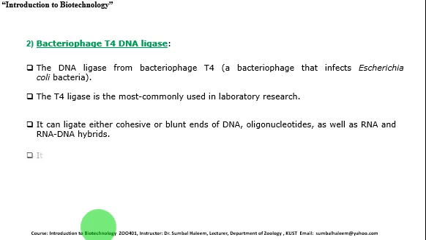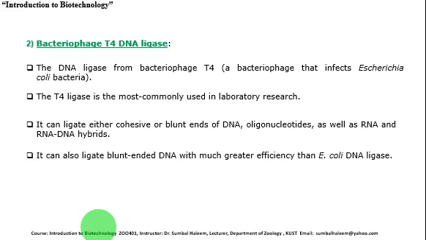It can ligate blunt-ended DNA with much more efficiency than the E. coli DNA ligase, and T4 DNA ligase utilizes ATP as its cofactor, the energy source, rather than NAD, unlike E. coli DNA ligase.